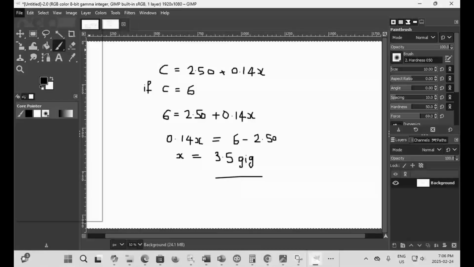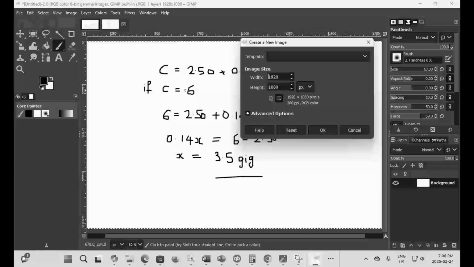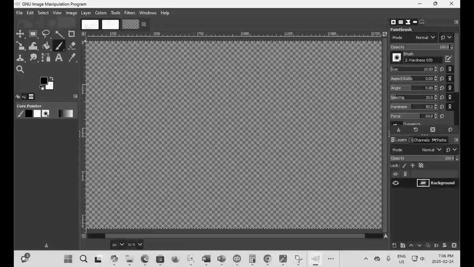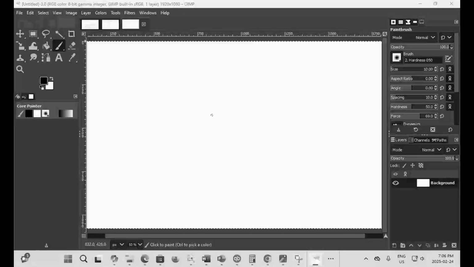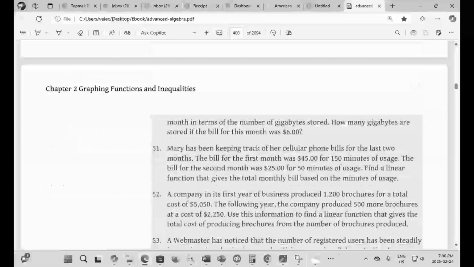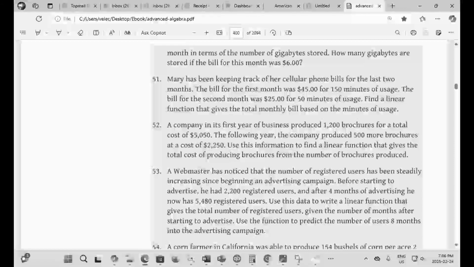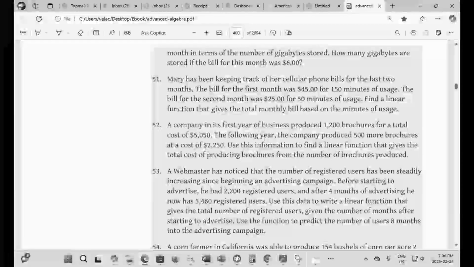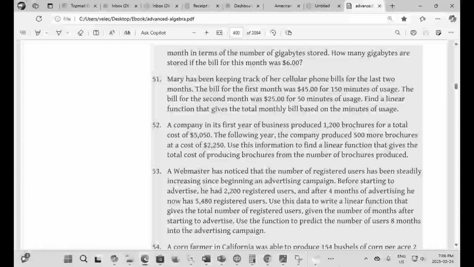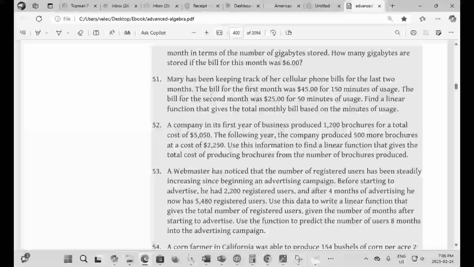Now let's take another example, further down. A company in its first year of business produced 1,200 brochures. This has to do with advertising expense on your T2125.